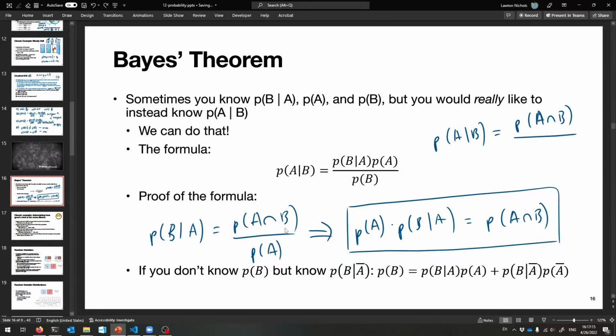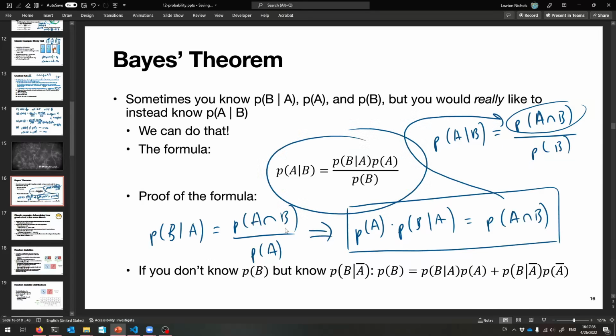And then that's over the probability of B, which we also assume we have. So what do you know? I need this. I have this. I assume that I have this. I have this. I have this. Let me just plug this right in here for that. And voila, we get that formula.